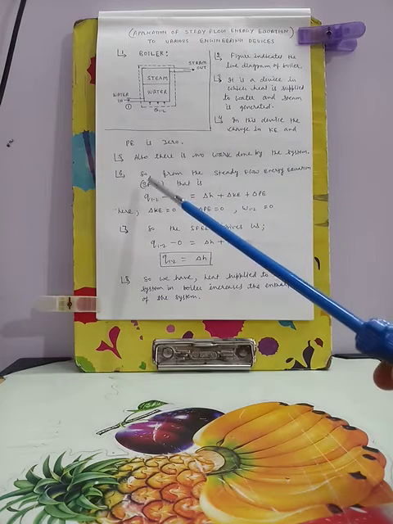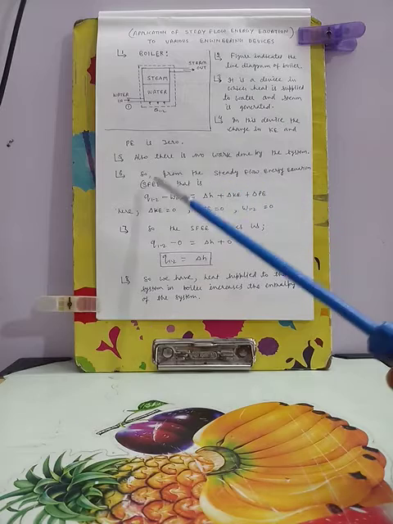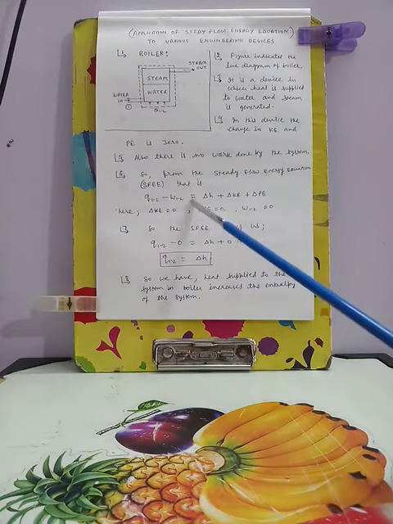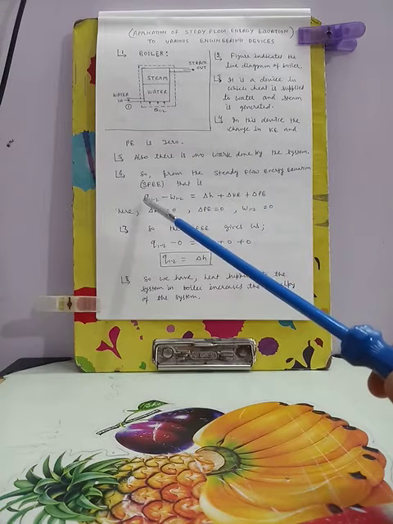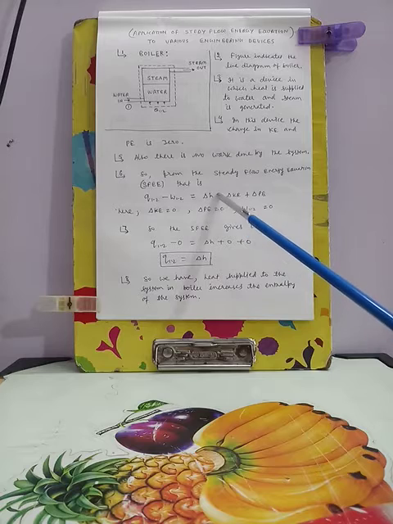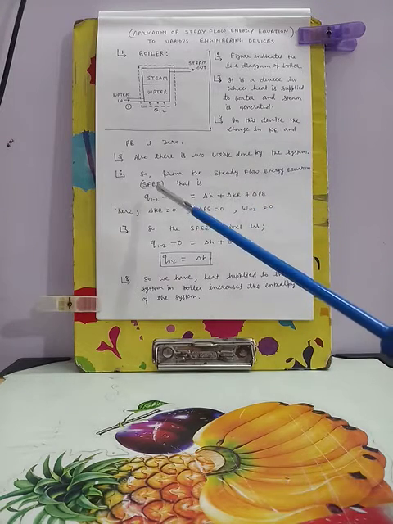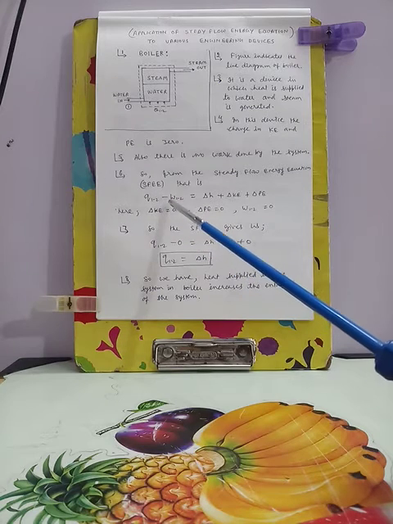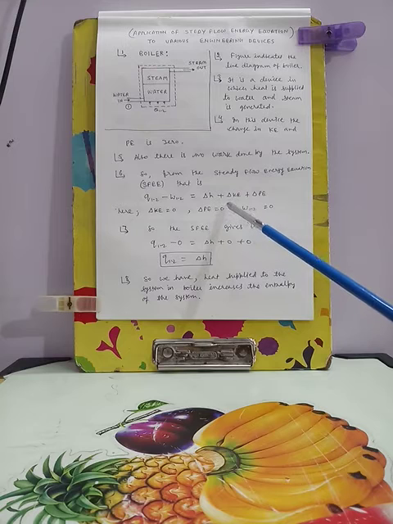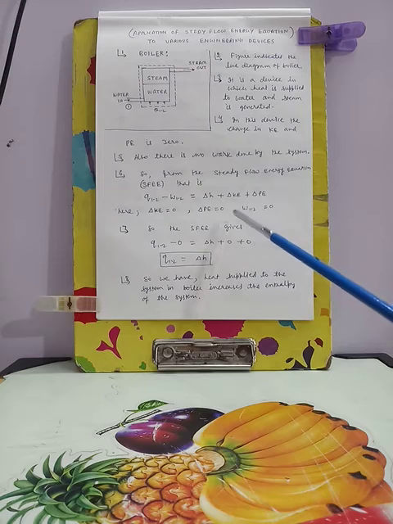So when we apply the steady flow energy equation here, I am writing this equation in this format for our convenience. Heat supplied minus work done is equal to change in enthalpy plus change in kinetic energy plus change in potential energy. But what we have observed is that change in kinetic energy here is zero, and change in potential energy is also zero, and there is no work done by the system.